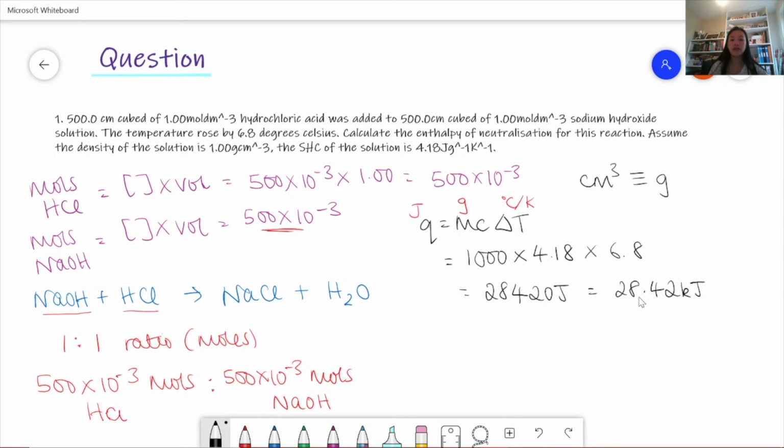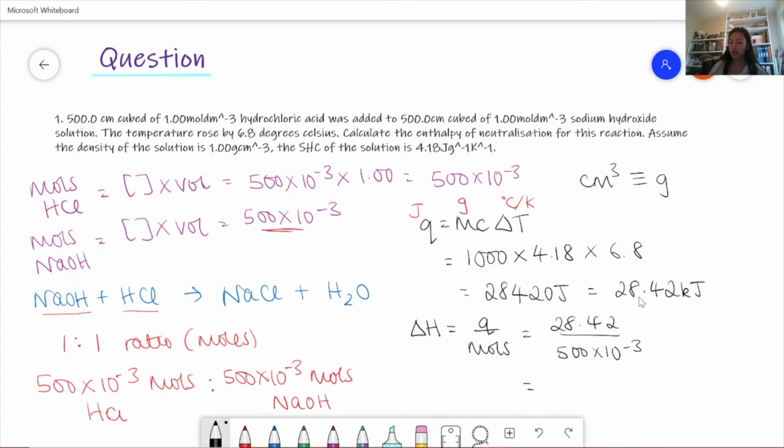And now to find the enthalpy of neutralization, which is just the enthalpy change, we use delta H equals Q over moles. Here for the moles, it actually doesn't matter which moles we use because we use the same amount of both. So we do 28.42 divided by 500 times 10 to the minus 3.